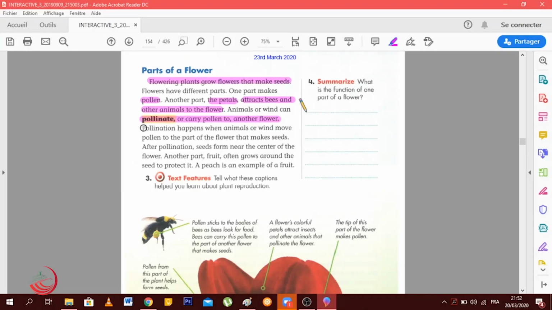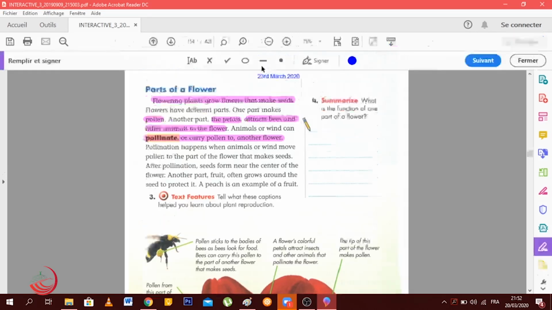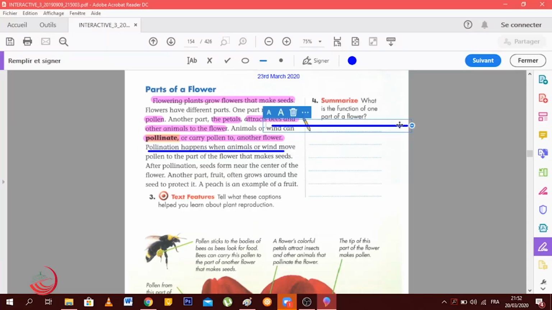So this is what we're going to see here. Pollination. So what do we mean by pollination? Pollination happens when an animal or wind moves pollen to the parts of the flower that make seeds.